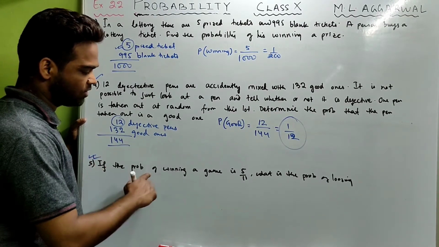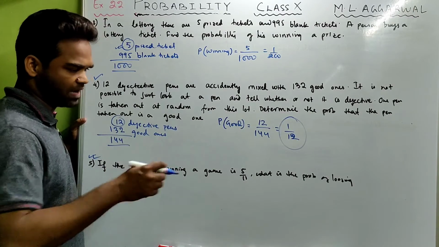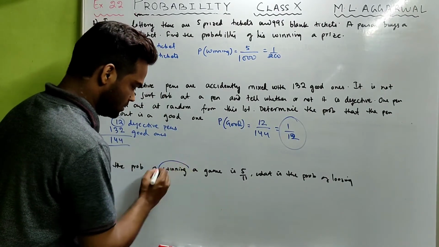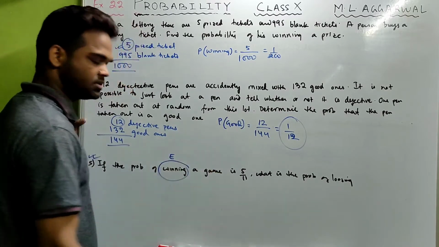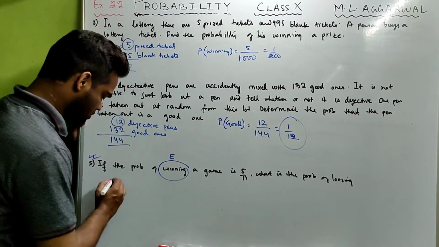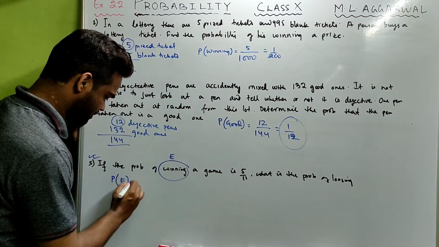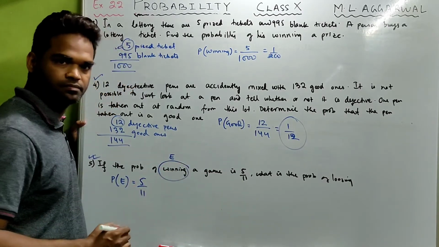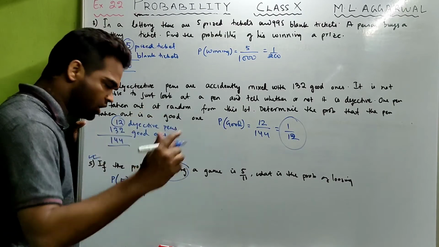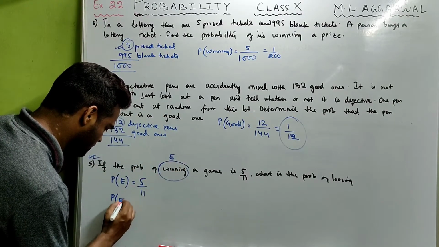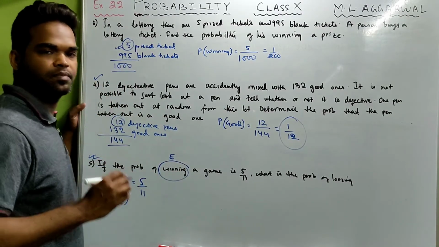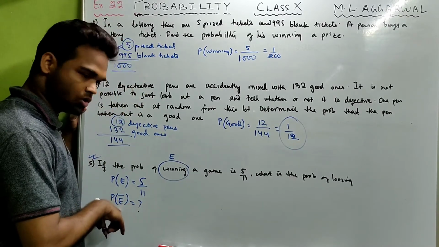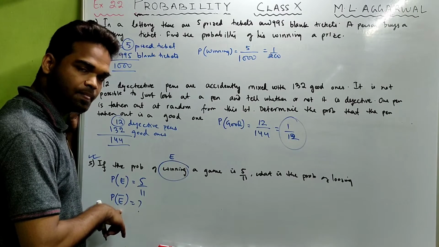Look at this one, number 5. Interesting. If the probability of winning a game is 5 by 11, what is the probability of losing? Now look carefully. Suppose this event I write as E, winning. So probability of winning is 5 by 11. So probability of not winning, which is P of E bar, we need to find. This event will not happen.